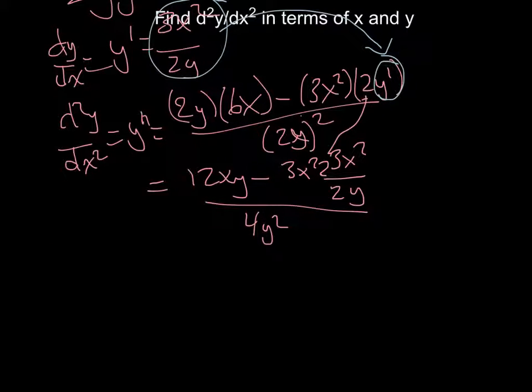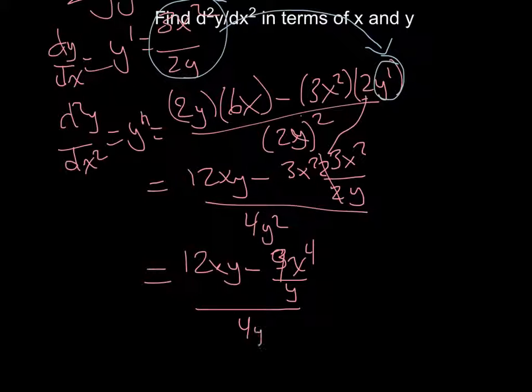Giving myself a little more room to work with, I'm going to end up with 2's canceling here. I need a 3, that'll be 9x to the 4th over y, all over 4y squared. Finding the common denominator in the numerator gives me y squared there, minus 9x to the 4th.